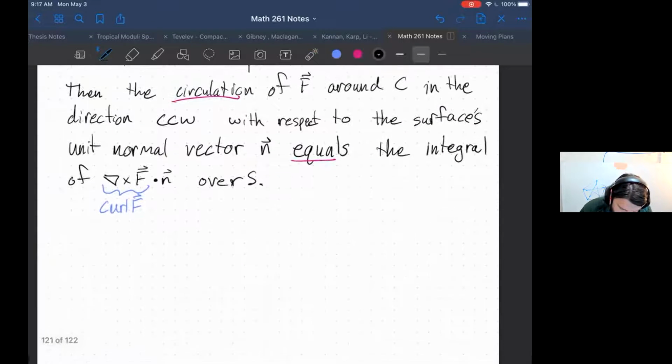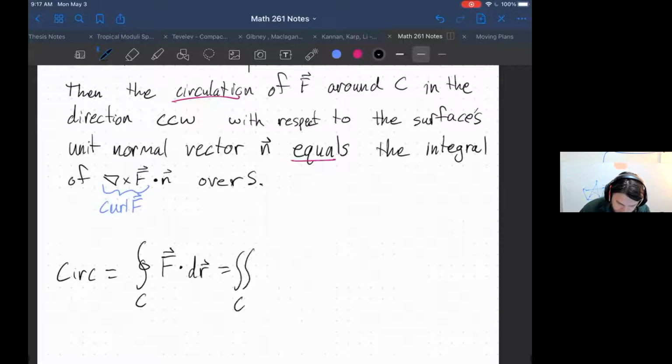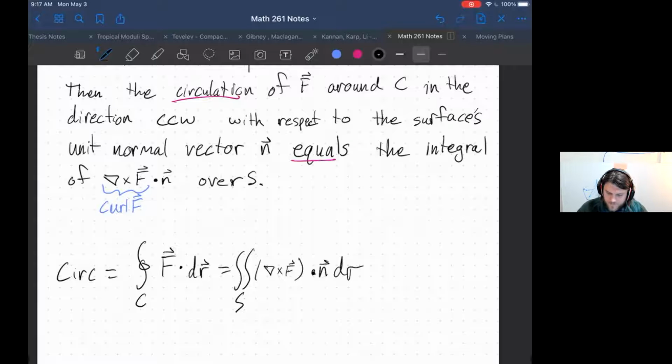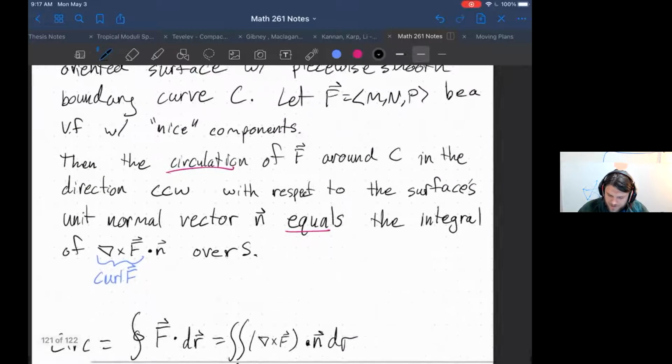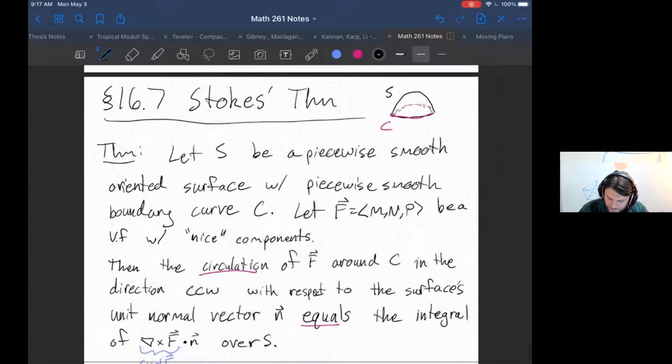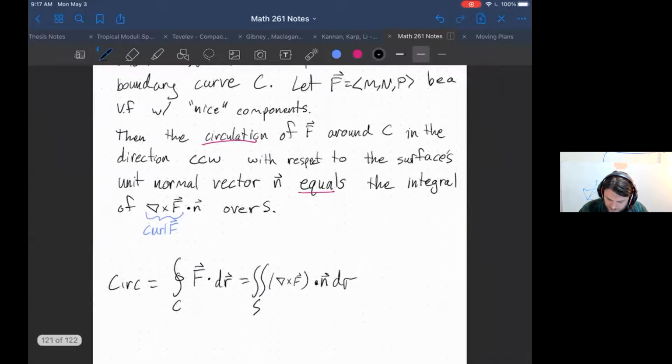So let me write this out. Circulation is equal to the line integral of f dot dr, which is equal to a surface integral of curl of f dot n d sigma. So coming back up to the picture, maybe I'll wait a second so we can write this down.